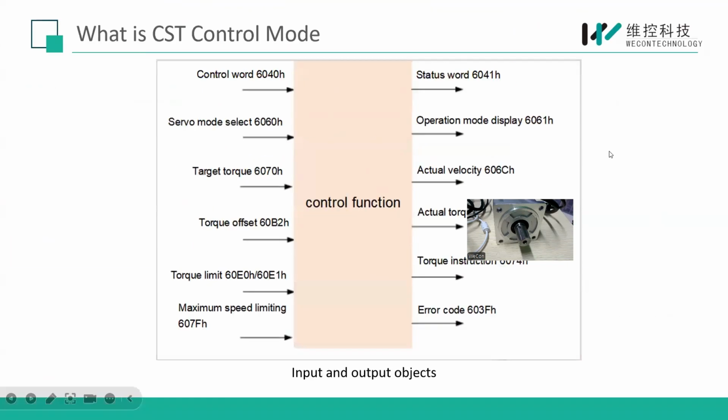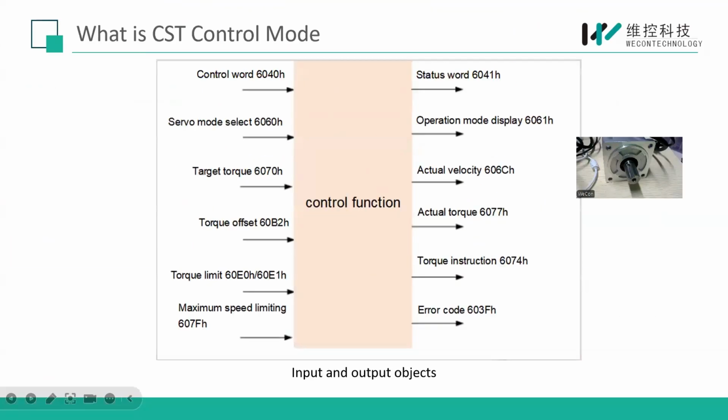And these are some relative input and output objects. Then we have control word and servo running selection. Almost all control modes need these two. And the target torque, torque offset, torque limit, and the speed limit.